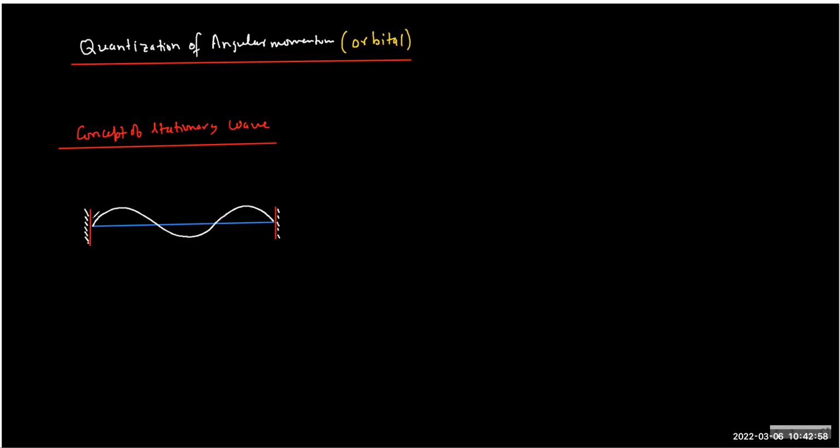So now the wave is going towards the right, and upon reflection we do have a wave towards the left. And when they get superimposed, you can see there is a bundle of energy.